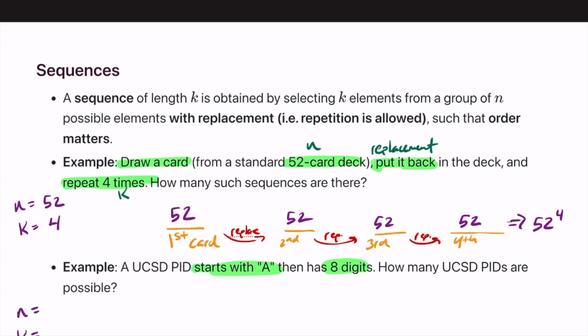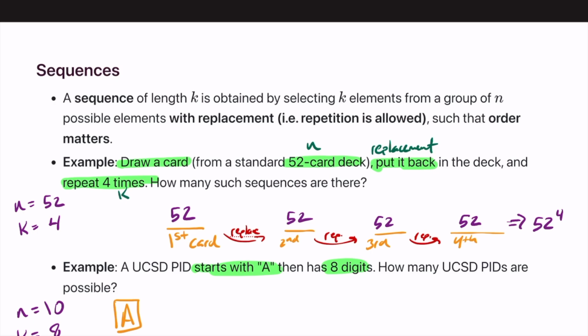So we know that we're going to have a digit that we could choose for every slot in our number. And we know that digits range from 0 to 9, so there are 10. And we know that it has 8 digits, so we're going to have 8 things that we're creating. So here we have our fixed A, so this doesn't change.